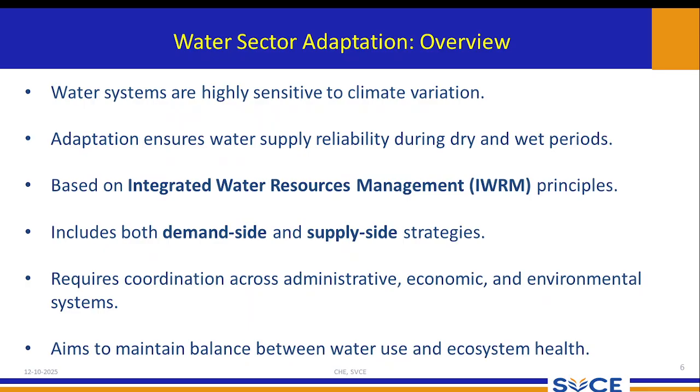Okay, coming to water sector adaptation. Water systems are highly sensitive to climate variation. As we just saw, when rain comes and becomes acidic and connects to water resources, obviously people will be affected when they drink that type of water. Adaptation ensures water supply reliability during dry and wet periods.